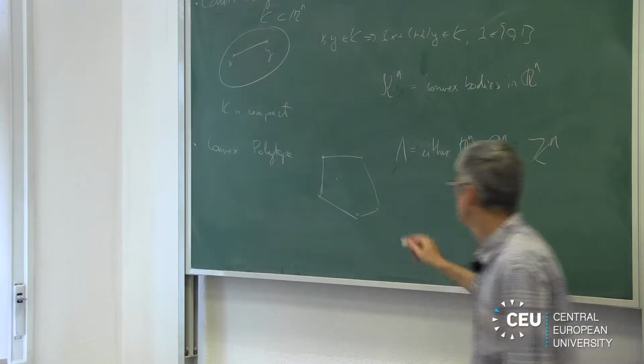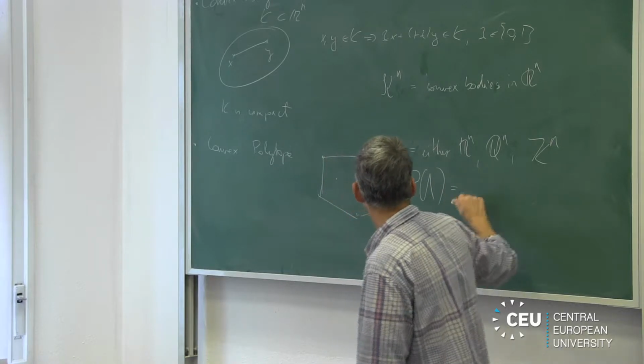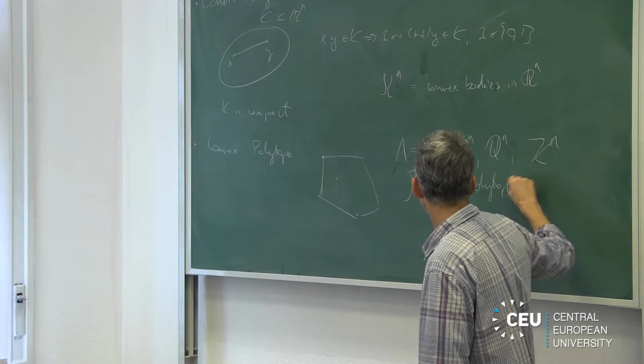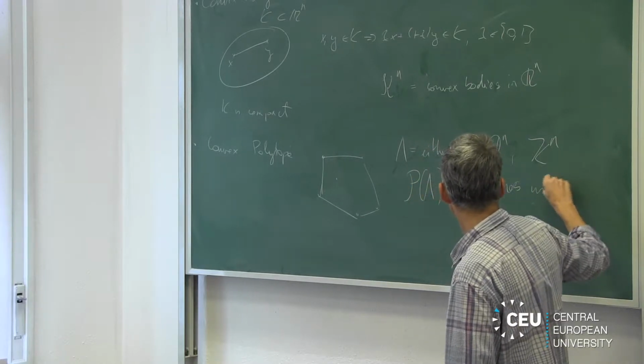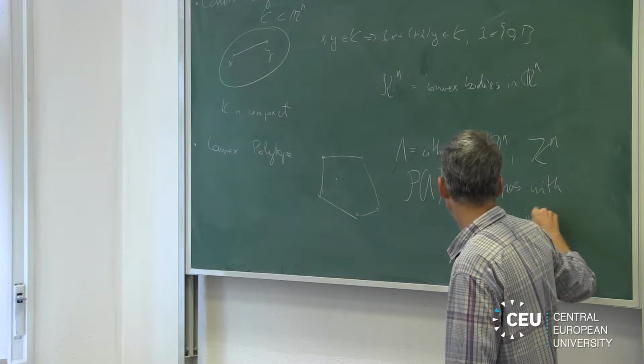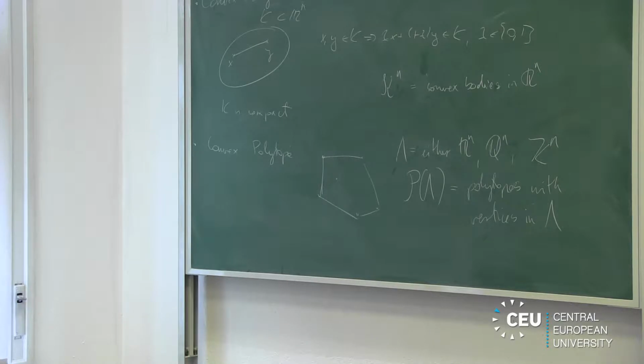And I will write P lambda for the family of polytopes with vertices in lambda. Okay.